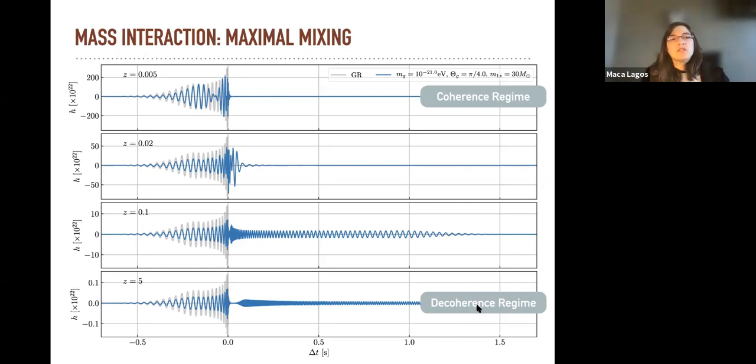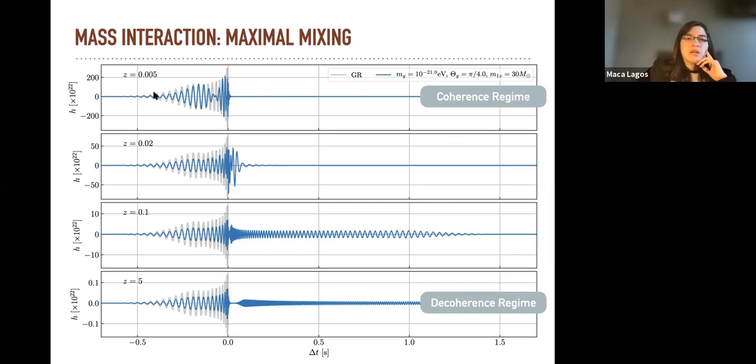This happens because the total gravitational wave is an addition of two wave packets, the two propagating modes that propagate at different speeds. So they are emitted simultaneously, the two propagating modes. But then one is propagating at the speed of light and the other one is slower. So, as they propagate, the slower one lags behind, and eventually the two signals could get completely separated. And this is what happens here in the bottom panel that we call the decoherence regime.